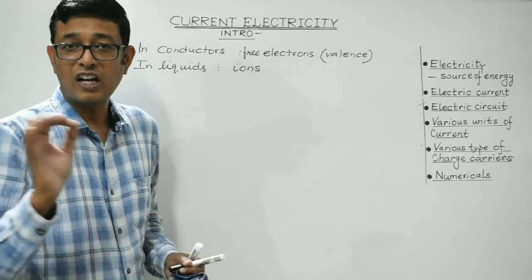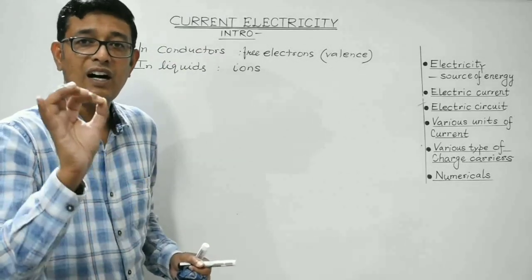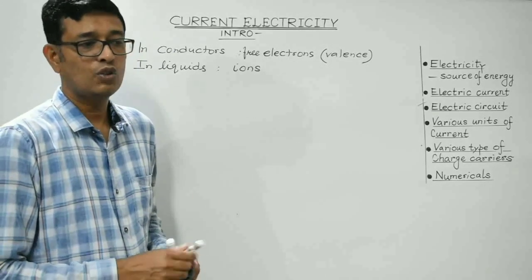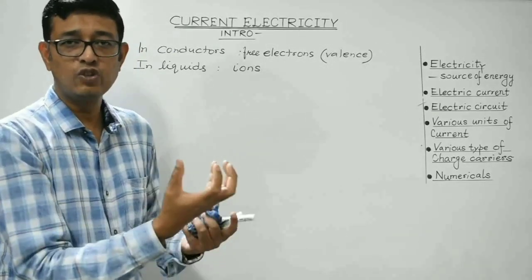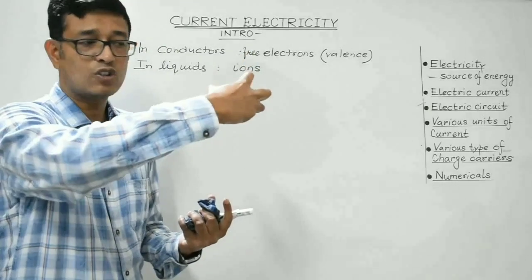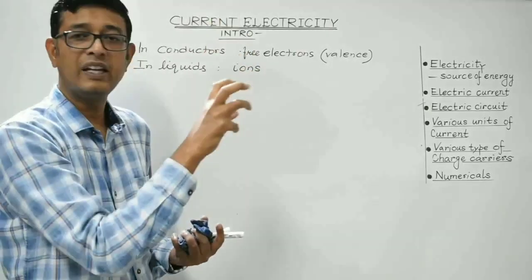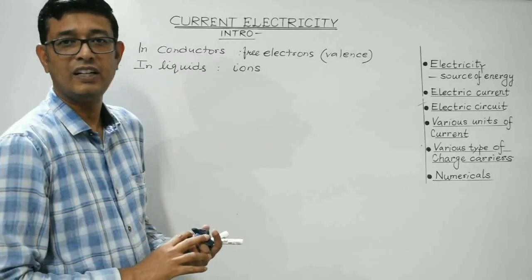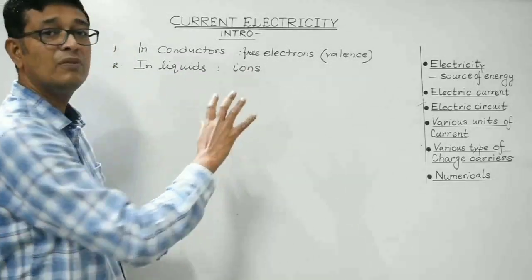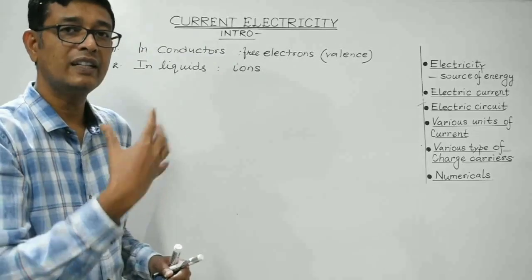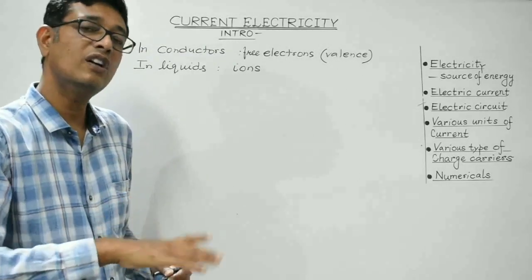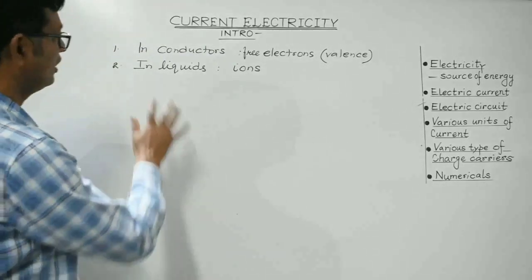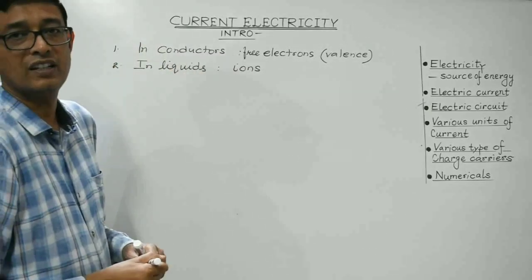A normal atom is electrically neutral. When an electron is extracted from it, the remaining atom becomes a positive ion. So an ion carries some charge, either positive or negative, and accordingly it is known as a cation or anion. So in liquids, ions act as charge carriers.